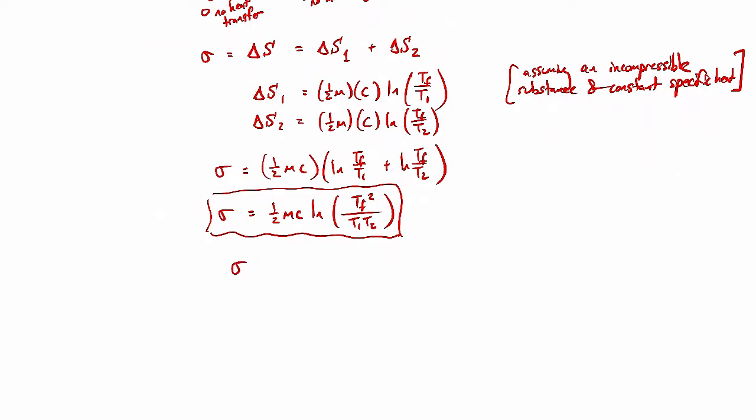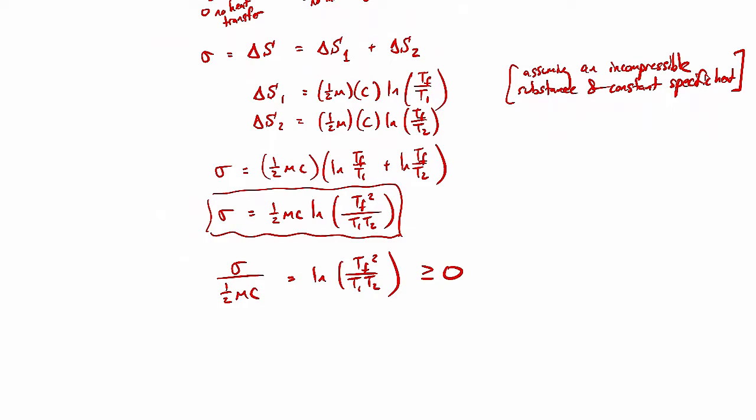First of all, let me just rewrite the sigma. I'm going to go ahead and divide through by the 1/2 mass times the specific heat. All those quantities are positive, so I'm just rewriting that equation a little bit differently. In order for the entropy production to be greater than 0, in fact, I'm going to set it greater than or equal to 0, because if it's equal to 0, then it's reversible.